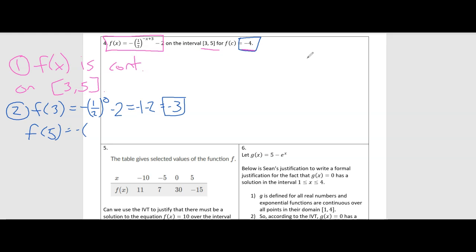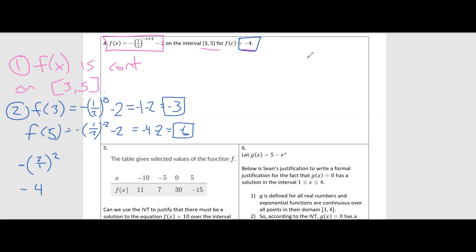Okay, let's look at f of 5. So we get (1/2) to the power of -2 minus 2. Thinking about your rules of exponents, we take the reciprocal, so 2 over 1, and make the exponent positive. So this becomes -(2 squared), which is -4. Okay, 2 squared times -1, -4. So -4 minus 2 gives us -6.